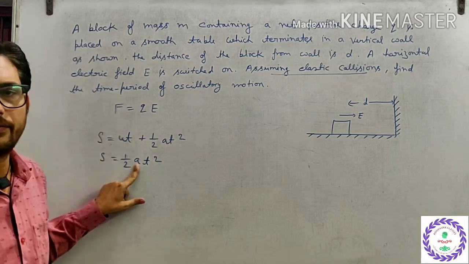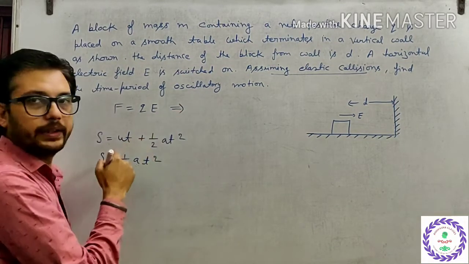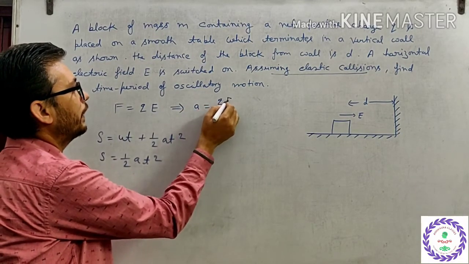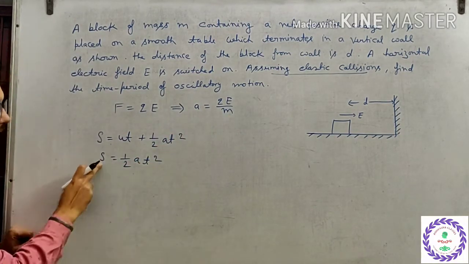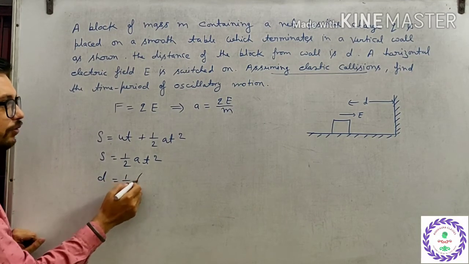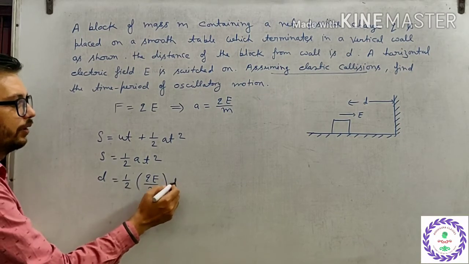Now how do we find the value of a? a will be QE by M. Now placing the values, the displacement is d, so d equals 1 by 2 times QE upon M into t square.